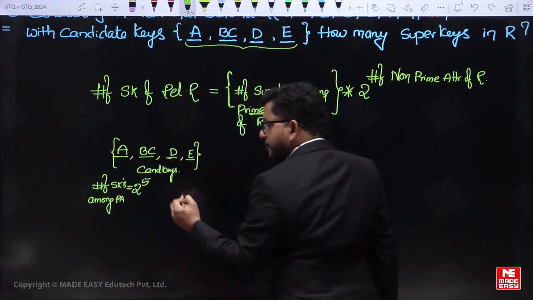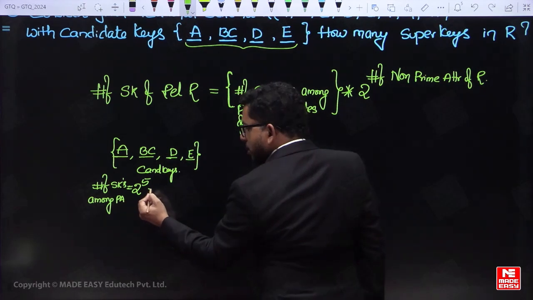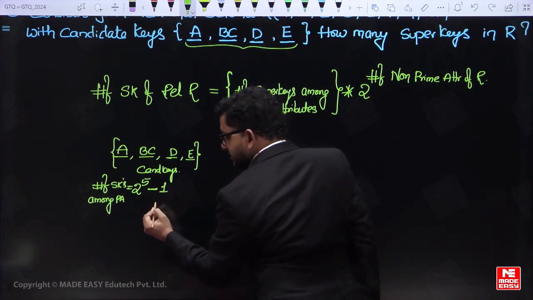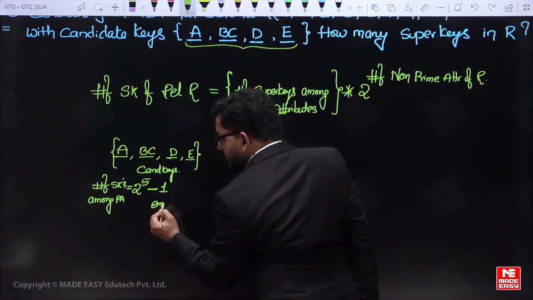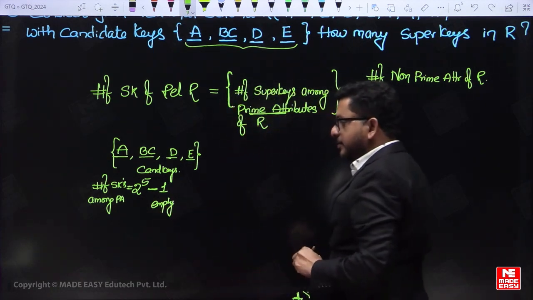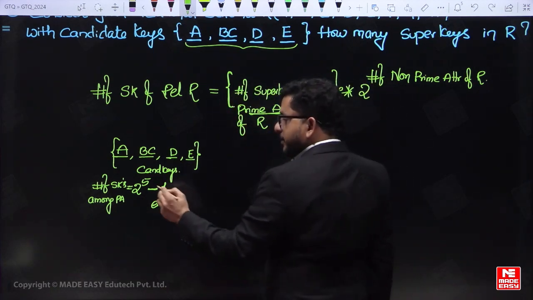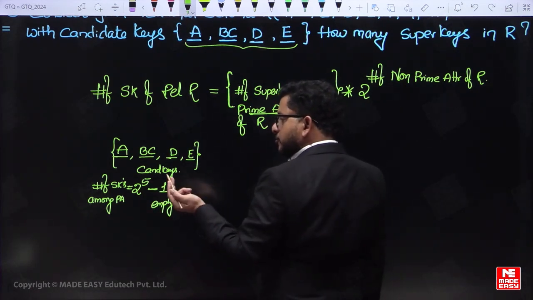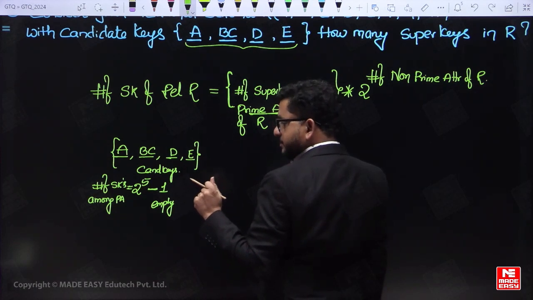Out of 2 power 5 subsets, one subset is not a super key, which is the empty set. The empty set is one of the subsets among 2 power 5, and it is definitely not a super key, so I have excluded that possibility. That means 2 power 5 minus 1, out of the remaining non-empty subsets.